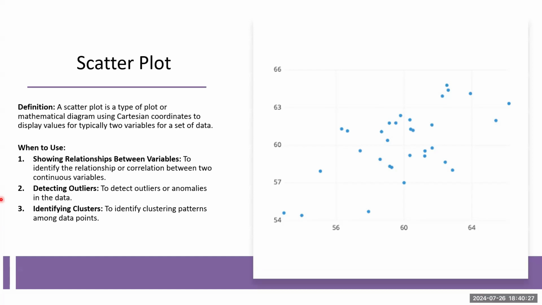So these values are measurable. Okay. And so normally when we say continuous variables, they are typically numerical and can take an infinite number of values. So let's say infinite possibilities.